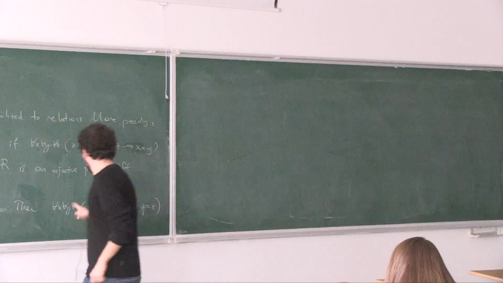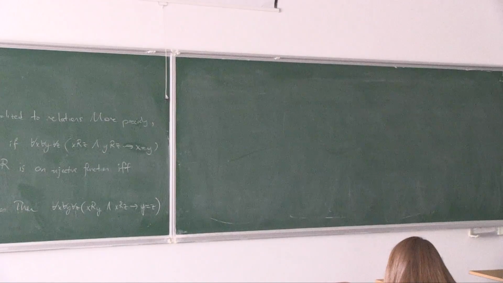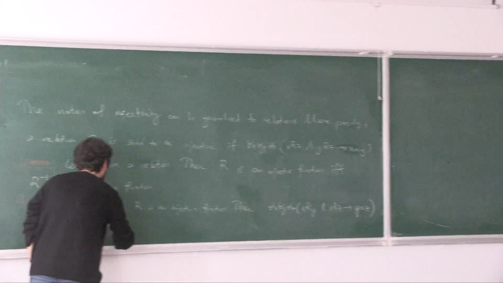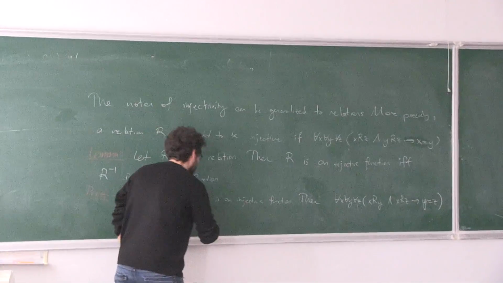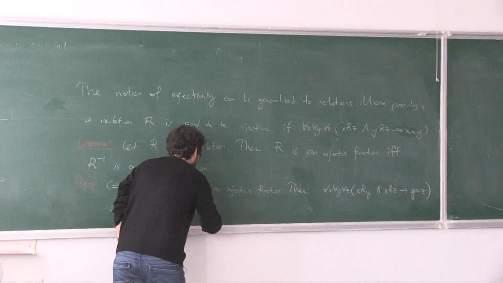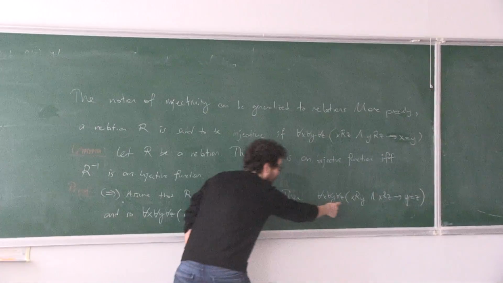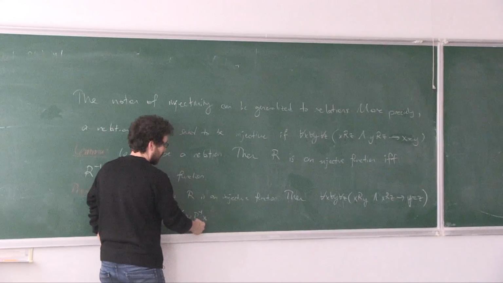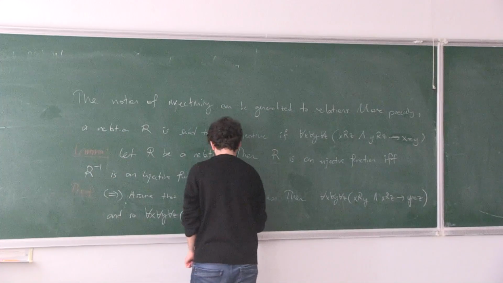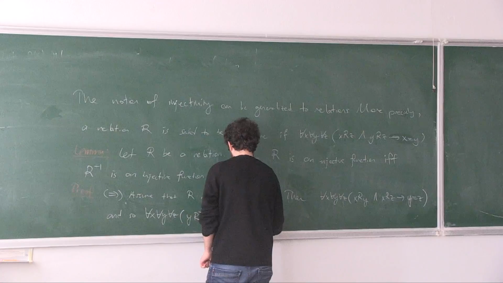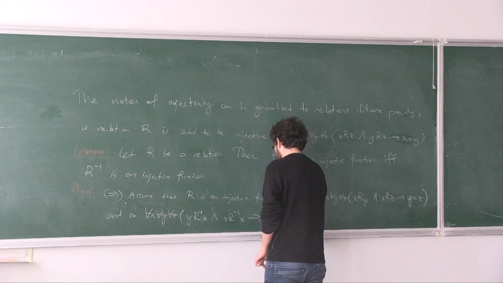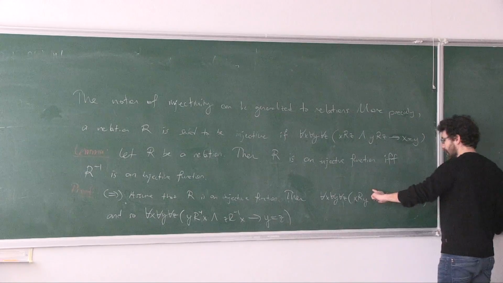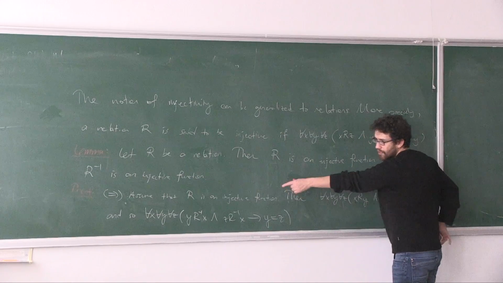Okay? Now, if you remember the definition of the inverse relation, x and y are related if and only if y and x are related by the inverse relation. So this claim can easily be converted to this claim. But what does this mean?